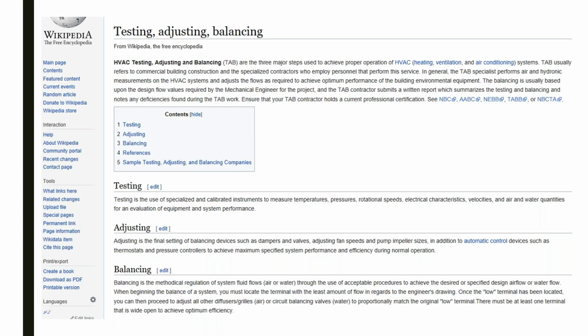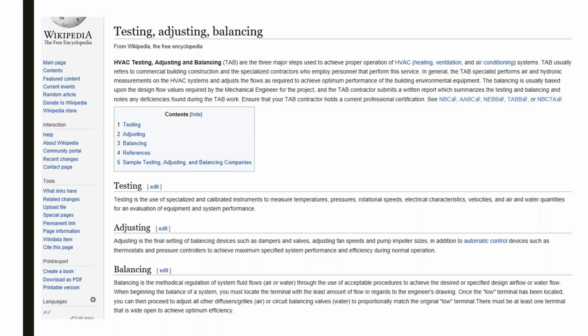Adjusting is to regulate the specified fluid flow rate and air patterns at the terminal equipment, such as reducing fan speed or increasing it, adjusting a damper, and such as that. So you're trying to trim this system down to get it to perform to a certain level. And then balance is to proportion the flows within the distribution system according to specific design quantities.